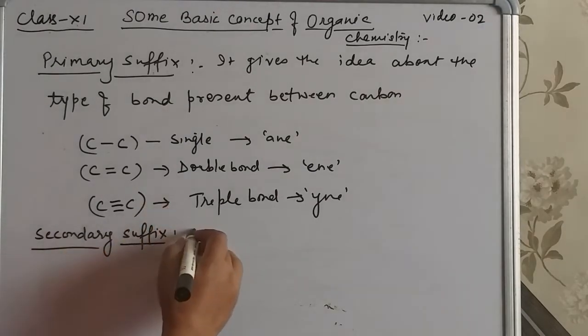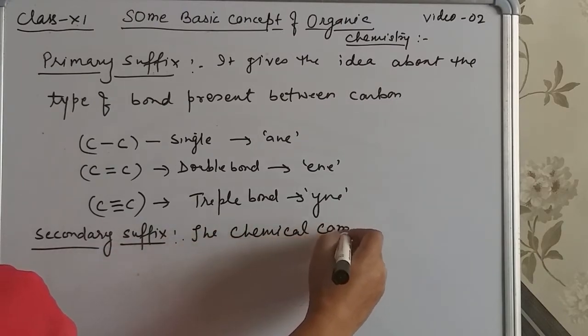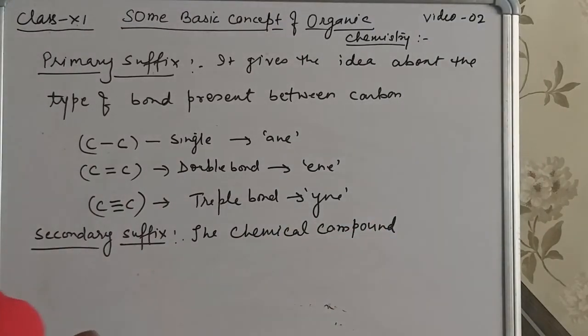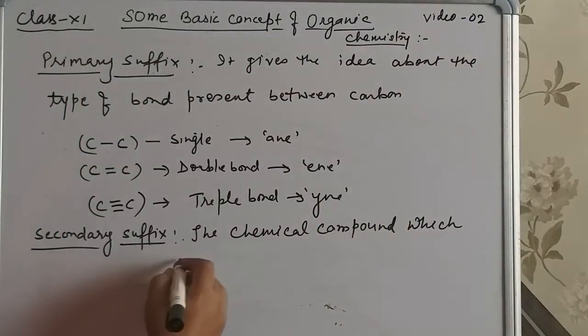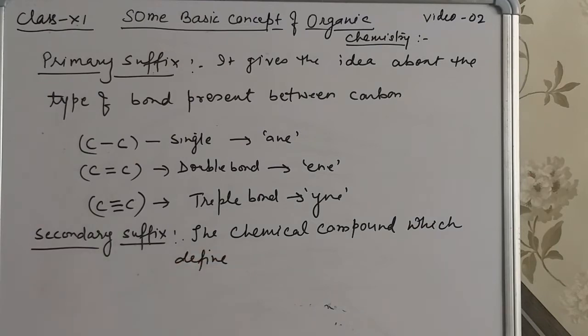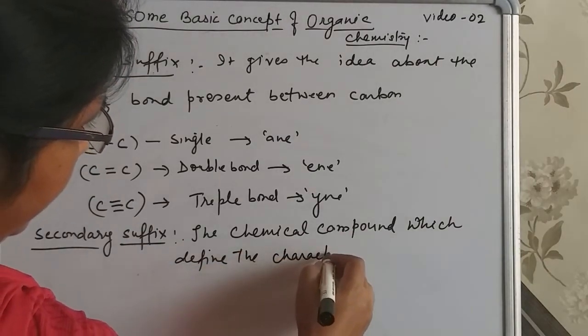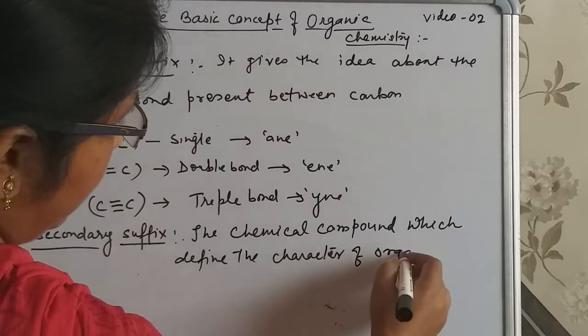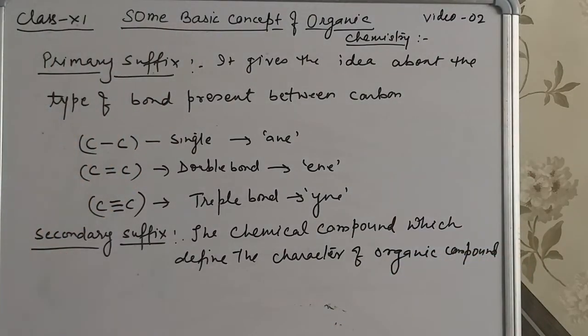The chemical group which defines the character of an organic compound is called the functional group.